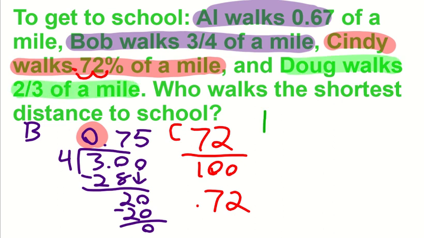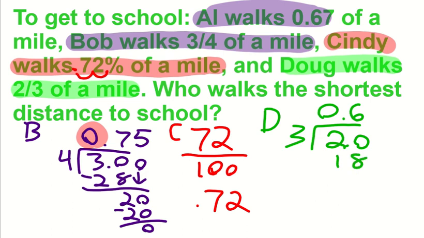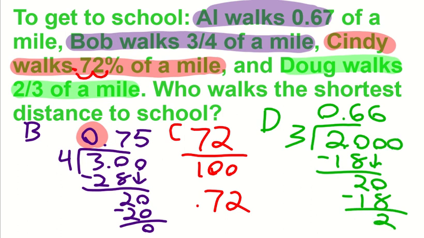Doug is 2/3. So again, we're dividing. 3 doesn't go into 2, add a decimal and a 0. How many times 3 go into 20? 6. Bring down a 0. How many times 3 go into 20?